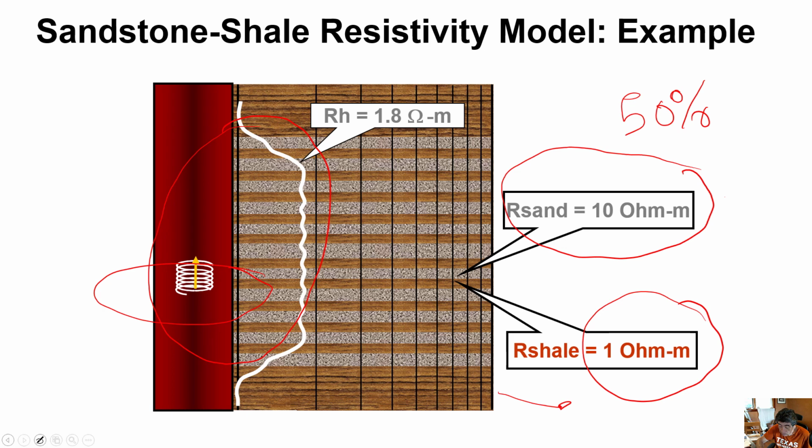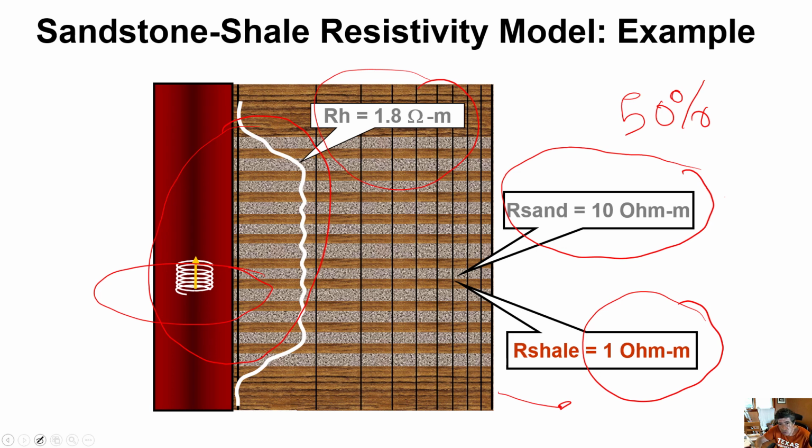The electrical resistivity that the tool is going to measure is not going to be either the sandstone resistivity or the shale resistivity. It's actually going to be lower than either one of those. In this example, for those calculations with 50% proportions, it becomes 1.8 ohmmeters. You can actually do the calculation if you use a parallel circuit.